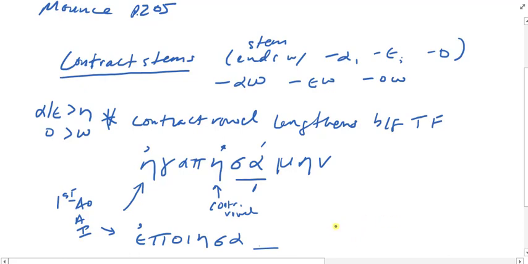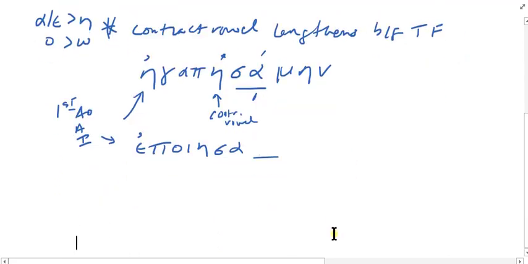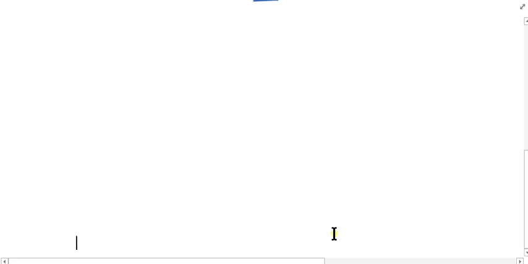For the next sort of strange things that the aorist can do, but really not so strange, again, it's all predictable behavior. It's stems with stops. Remember the square of stops?